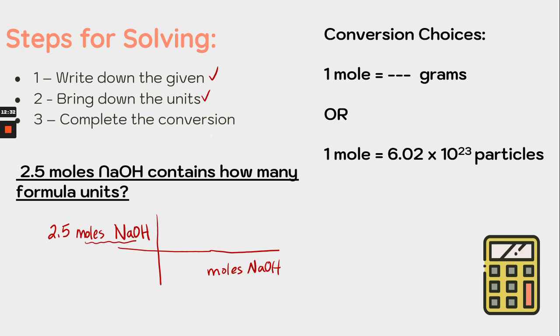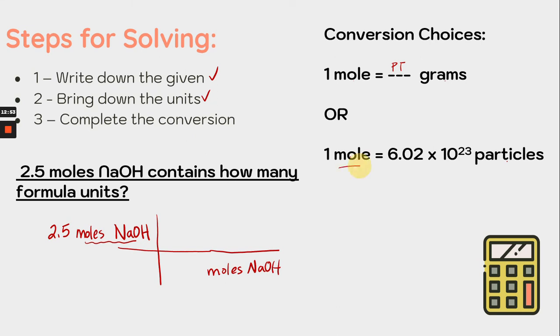Well, last week we only had one thing, right? We had grams and we had molar mass from the periodic table. This week we have a choice. We can go from moles to grams, or we can go from moles to particles. I've already put moles on the bottom.